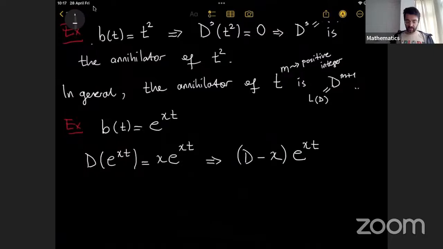When you apply D, you will get lambda times e to the lambda t. So you subtract lambda times e to the lambda t, and you will get 0.